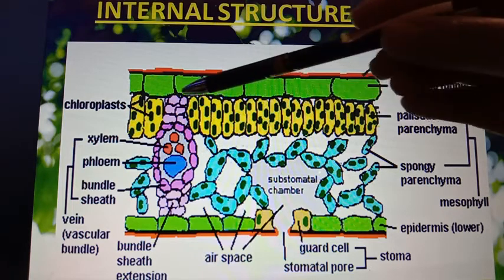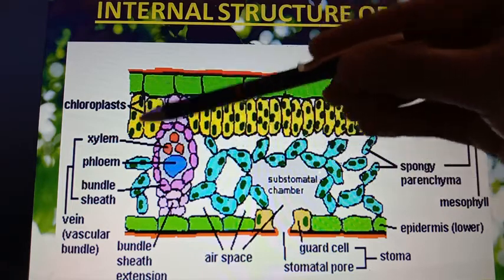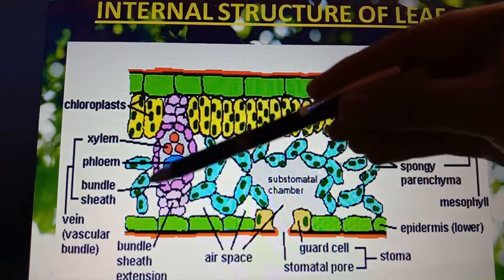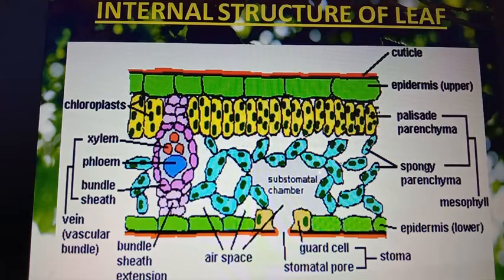In the mesophyll layer, you can see vascular bundles are present. What are the vascular bundles? This is discussed in the tissue chapter. The vascular bundles are mainly present in the leaf vein and made up of both xylem and phloem.